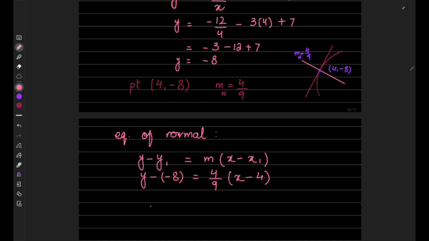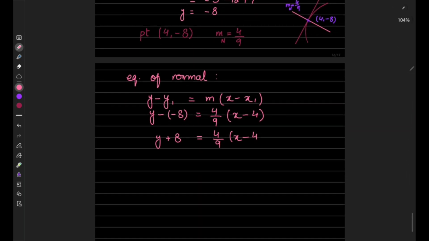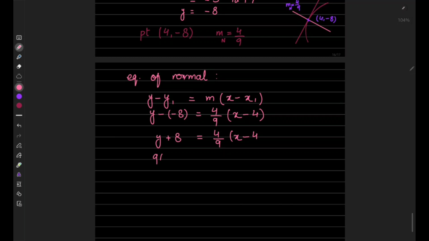Now cross multiply. It will give you 9 times y plus 8 equals 4 times x minus 4.